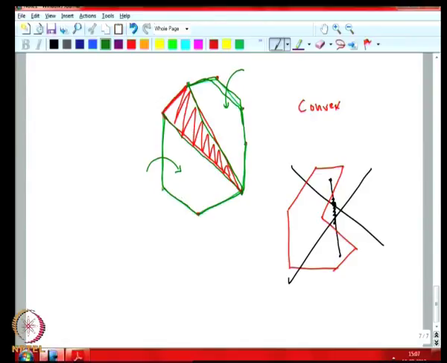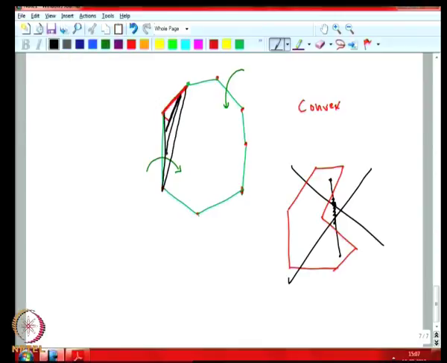So, we start from here. When we start from here, it will look like this, the first triangle, but on this side we have a polygon, because its total number of sides is n plus 2. Once you remove this thing, we have a polygon with n plus 1 sides, because 2 are removed, but 1 is added.